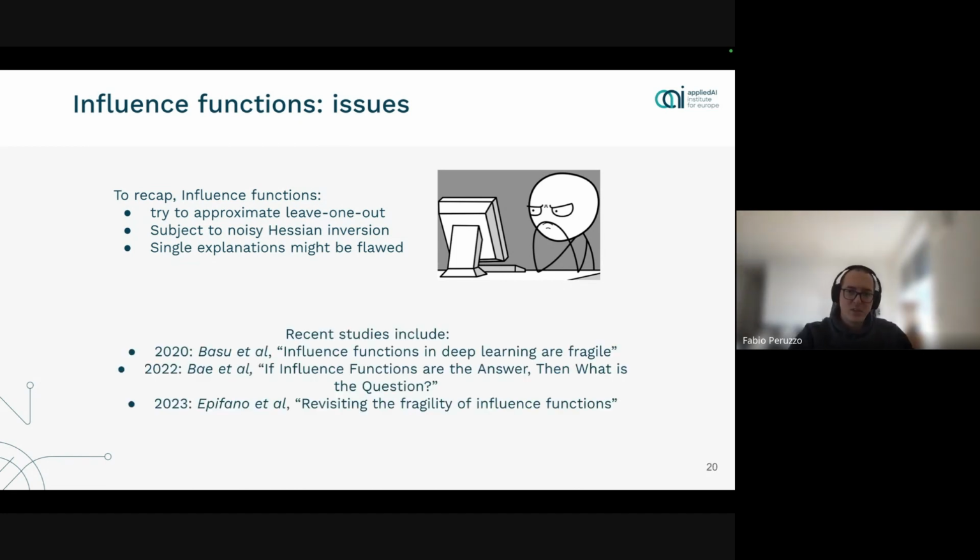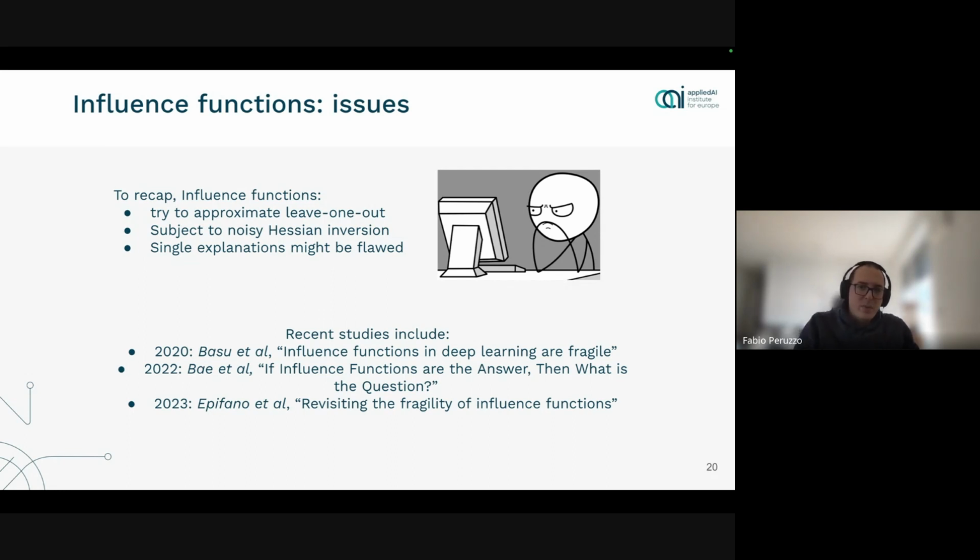It's also not surprising that within the research community, there has been a long back and forth debate on whether we are even supposed to do anything with influences. They seem so fragile. There is this quite famous paper published in 2020 titled Influence Functions in Deep Learning Are Fragile. What do we do with them?